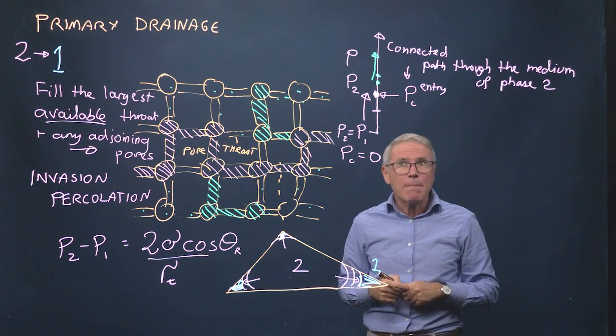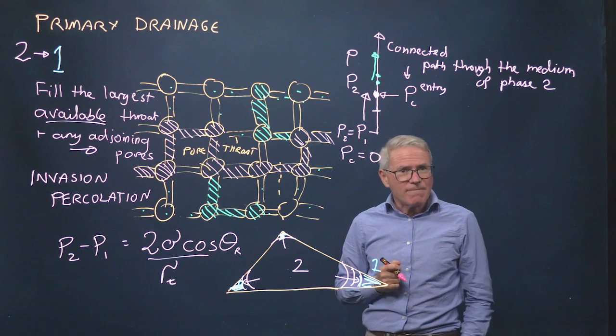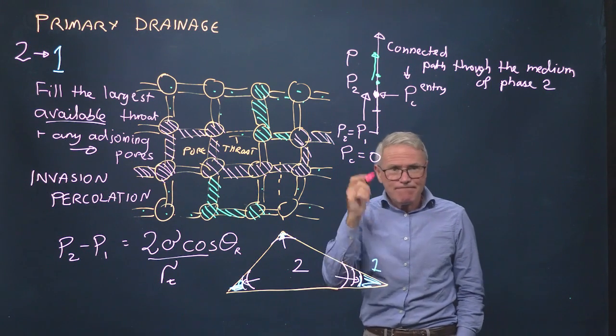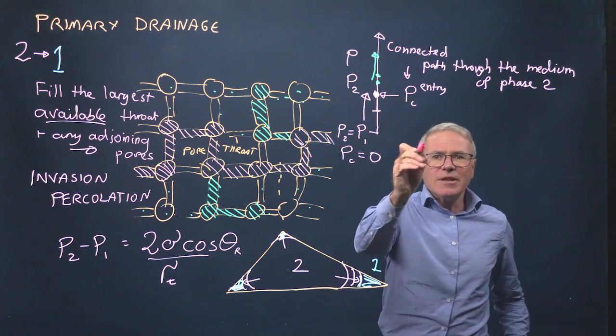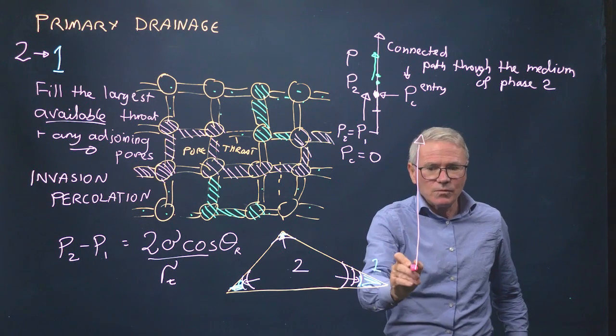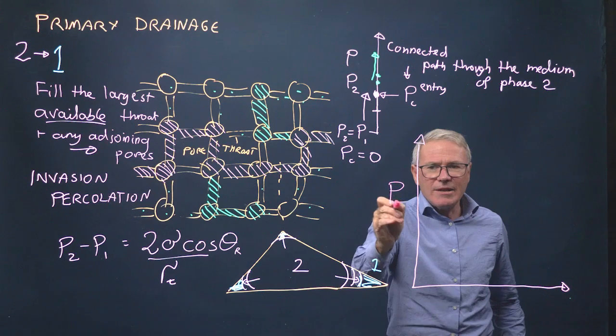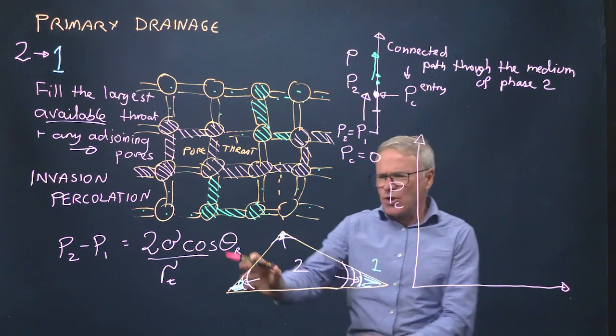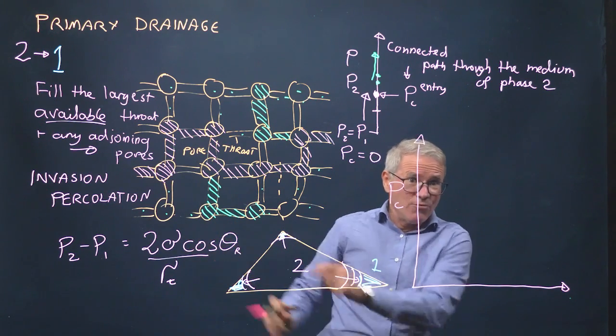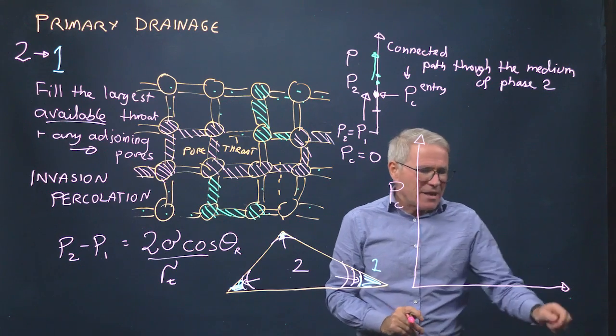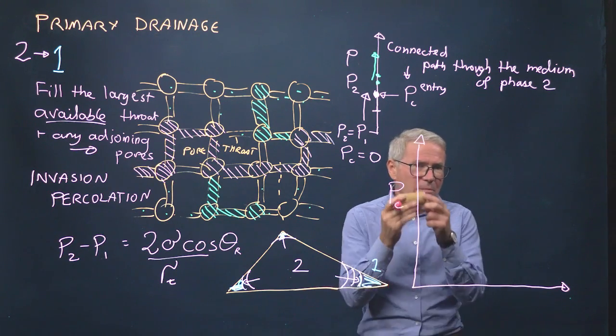Now, the final thing. Capillary pressure. Well, we just defined it. But now let's do something else. We can write the capillary pressure not as a function of contact angle and radius, but in an average sense. So I have a piece of rock.